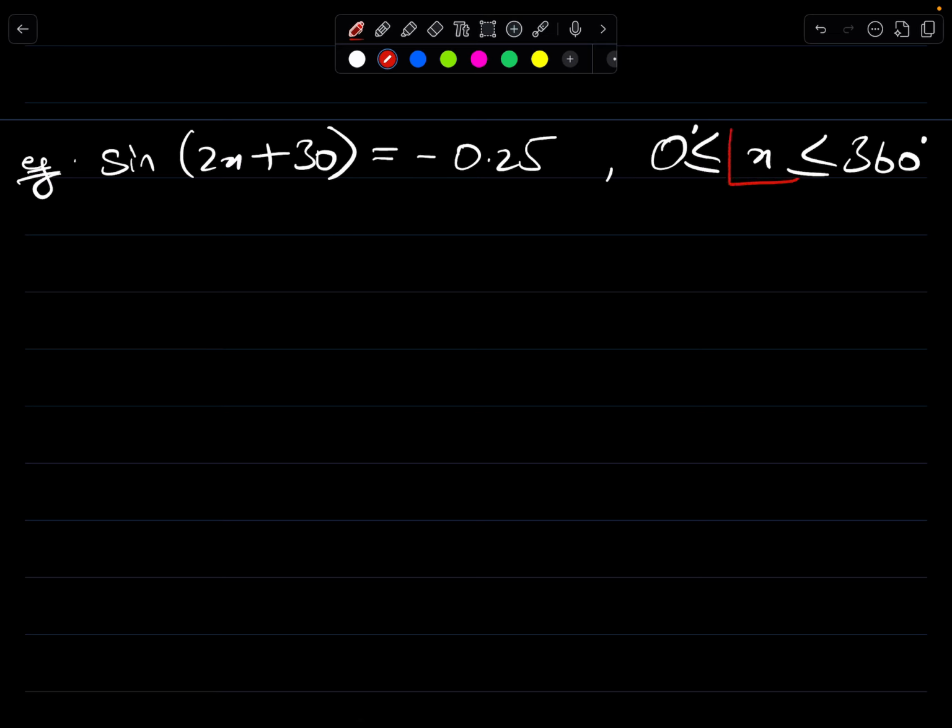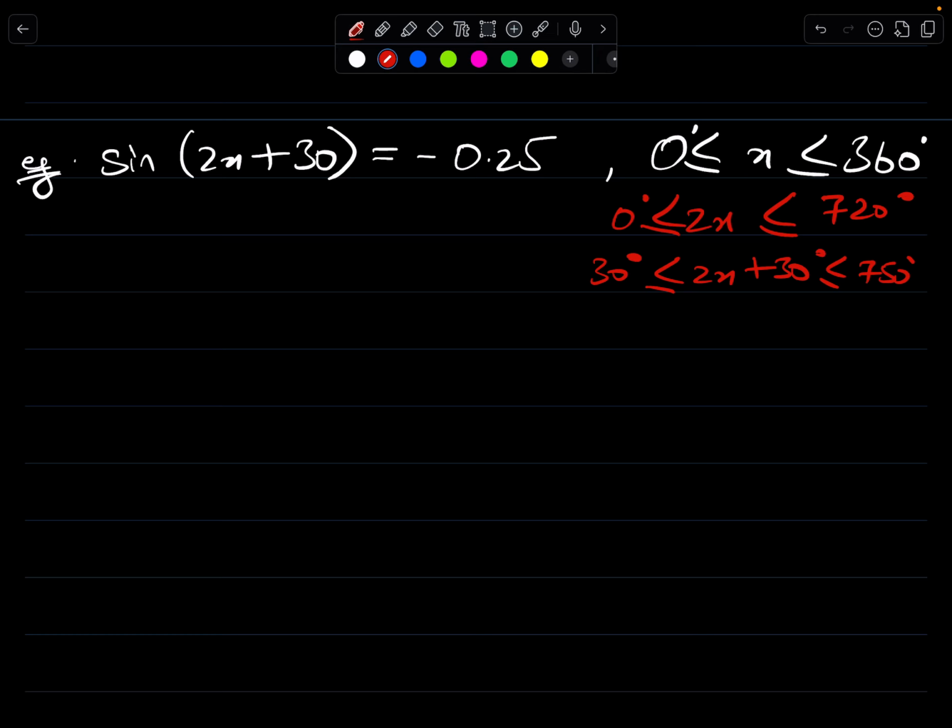We need to alter the range again since angles aren't consistent. So first of all, multiply everything by 2 and then add 30 to everything. And we altered the range.